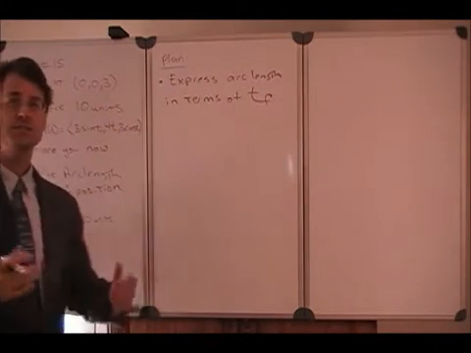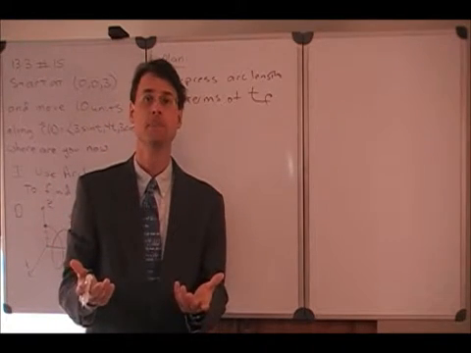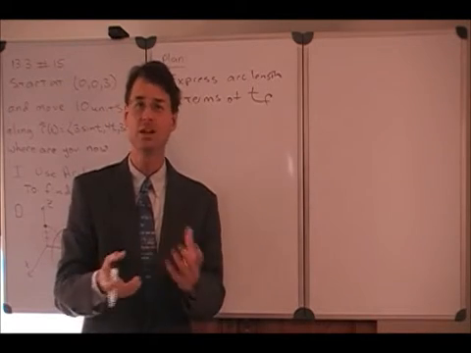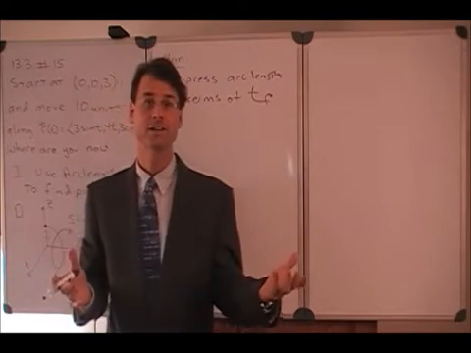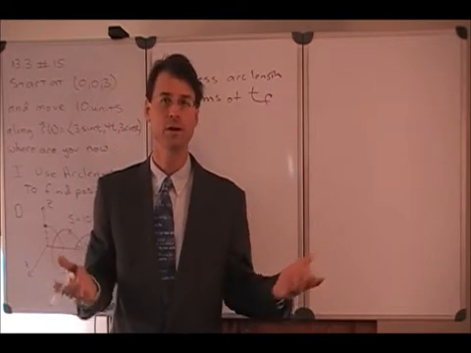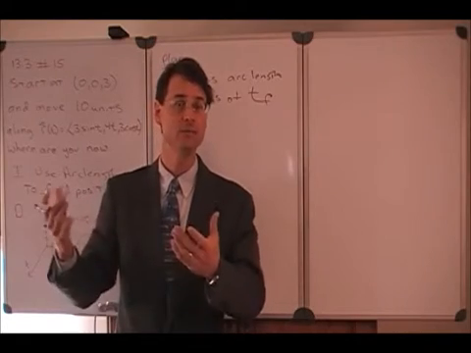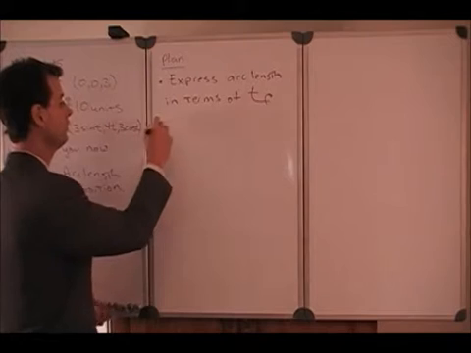And t final is the time or the parameter value at which we've gone 10 units. But that's like an unknown at this point. Rather than saying, how far have you gone at t equals 17 or whatever it might turn out to be, we're finding what is the value t after you've gone 10 units along the curve.